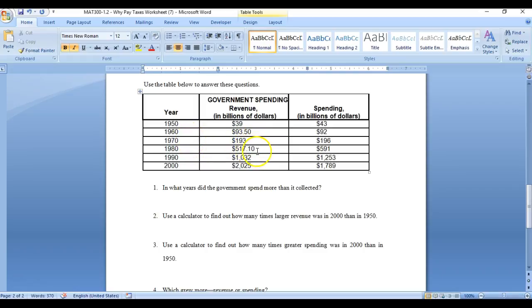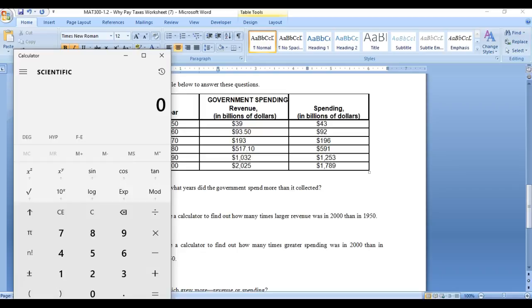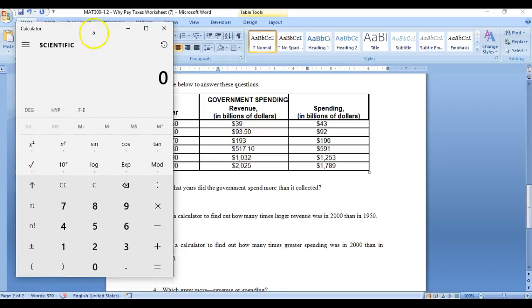How many times larger was our revenue in 1980 than it was in 1970? So to figure out how many times larger, we're actually going to have to do backwards and do division. If we take our 1980 amount and divide it by our 1970 amount, that will give us how many times larger it is.